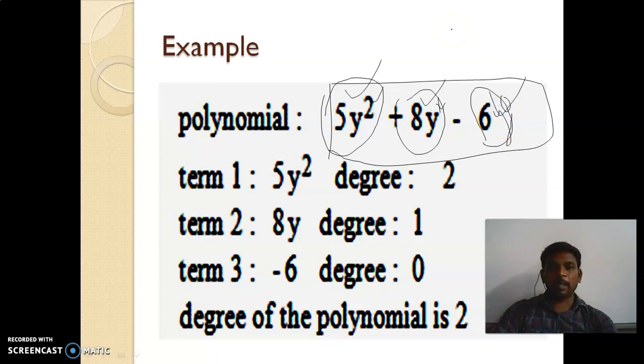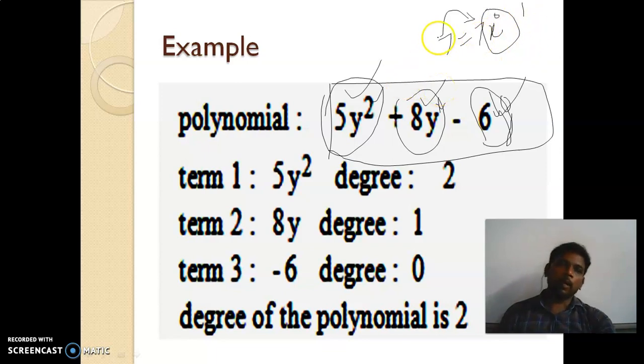If you want to write any constant as a variable term, for example 7, how can you write it? 7 is a constant, we know that, but with a variable, 7 into x to the power 0, because x to the power 0 is nothing but 1. So 7 into 1, 7 only. Or y to the power 0, anything you can write, right?